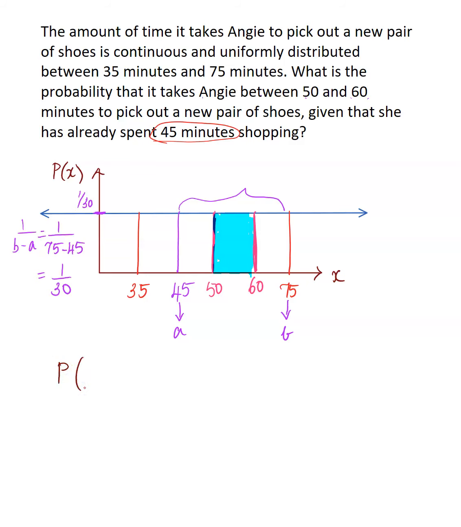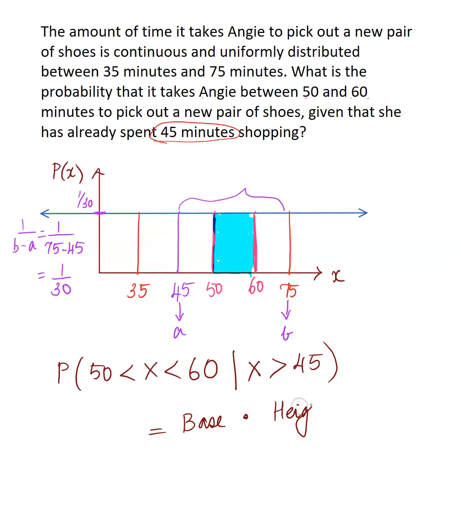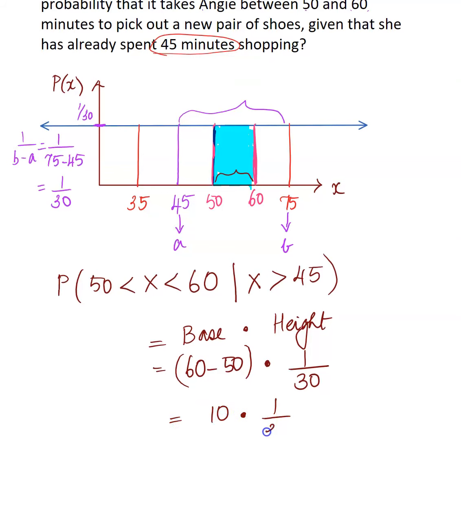The probability of Angie spending between 50 and 60 minutes, P of 50 less than X less than 60, given that she has already spent 45 minutes, will be base times height. The base of the blue shaded region would be 60 minus 50 times the height we found, 1 over 30. So that's 10 times 1 over 30, which is 1 over 3.